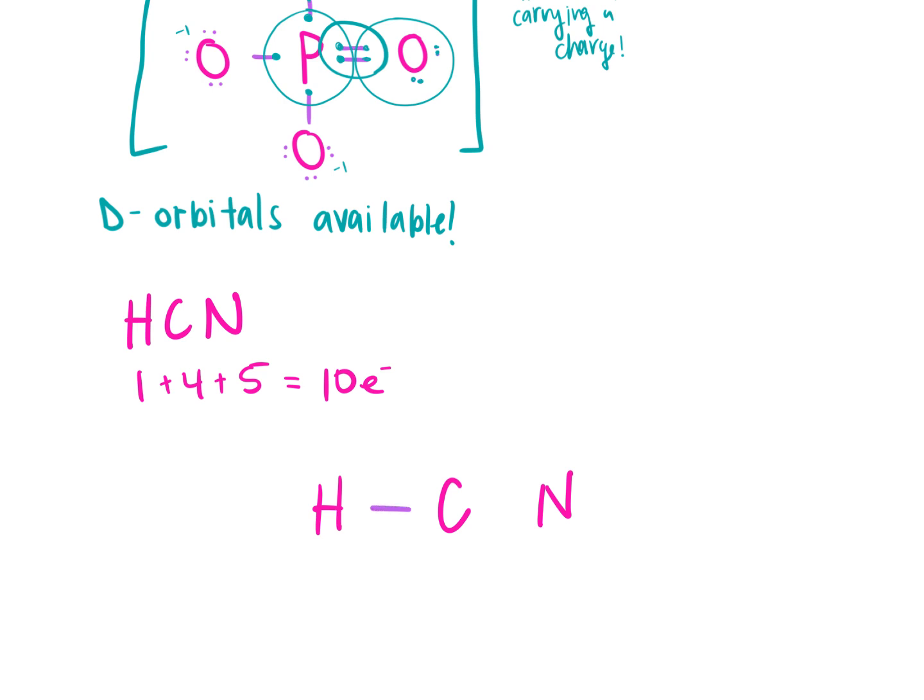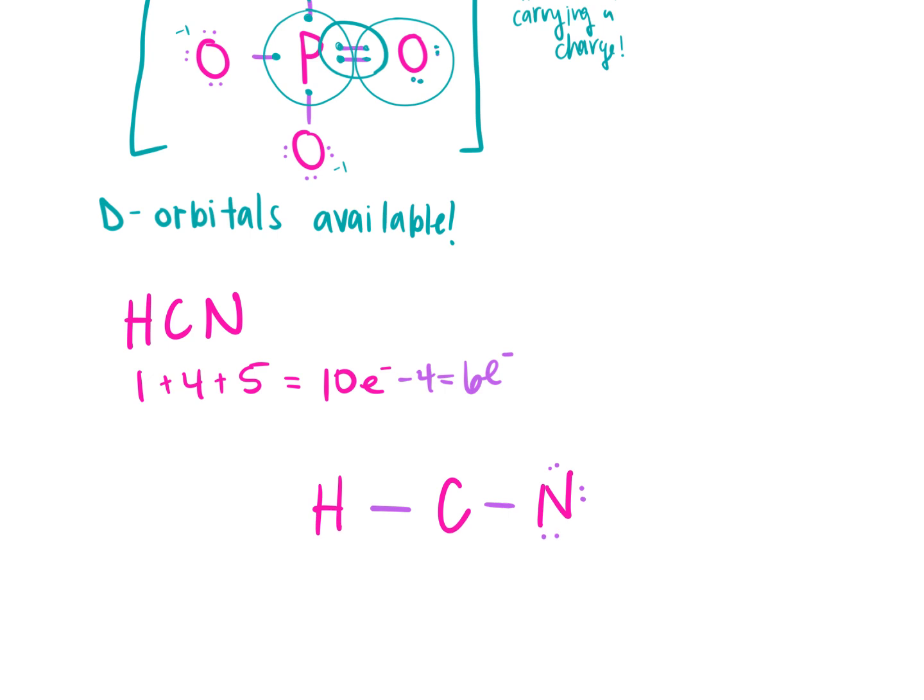I will bond. That uses up 4, so I've got 6 electrons left. Am I going to put lone pairs on hydrogen? No, we're not going to, because we know better. But I could, right? Our rule is kind of outer to in.